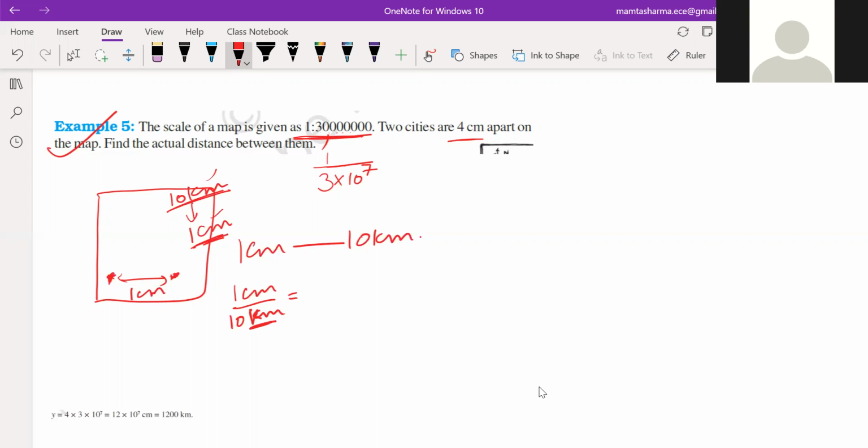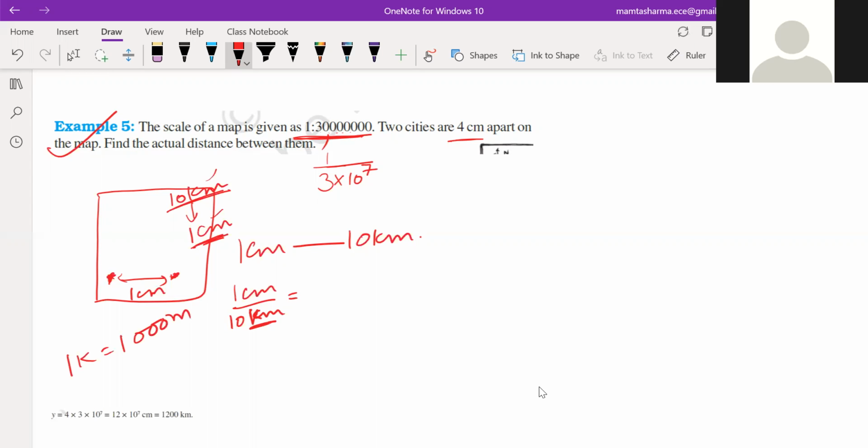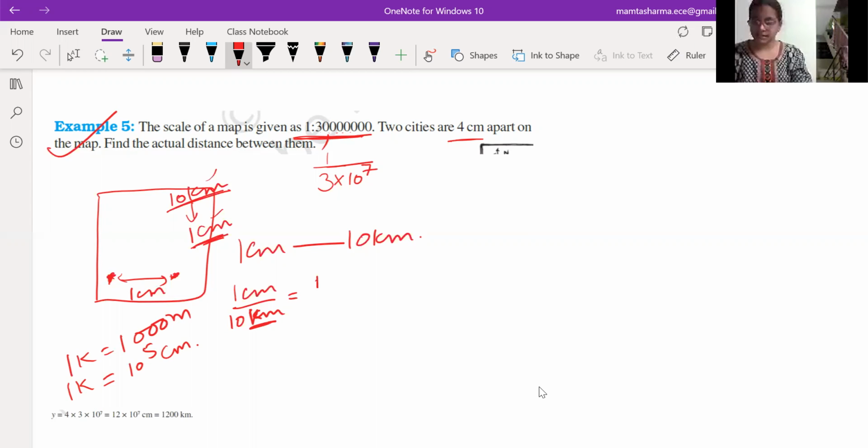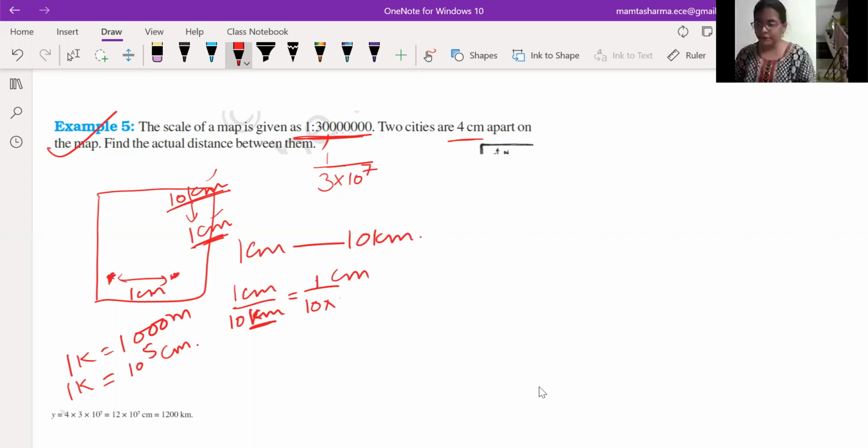For 1 kilometer there are 1000 meters, and in 1 kilometer there are 10⁵ centimeters. So convert this kilometer, 10 into 10⁵ centimeters.